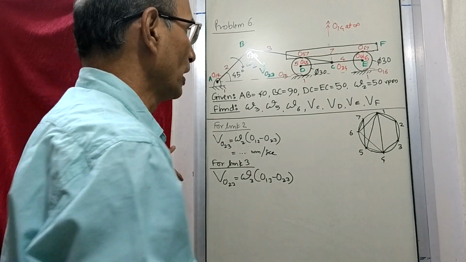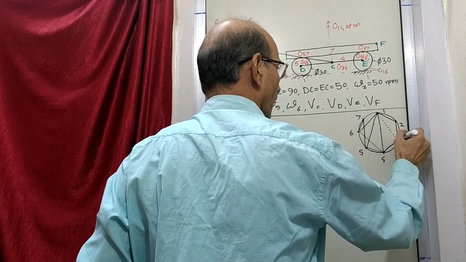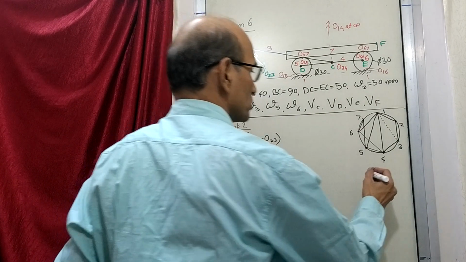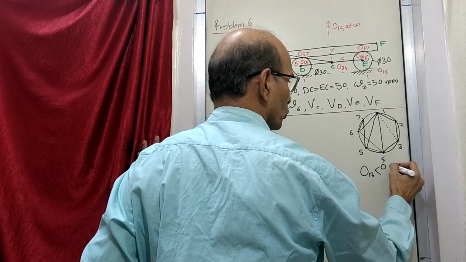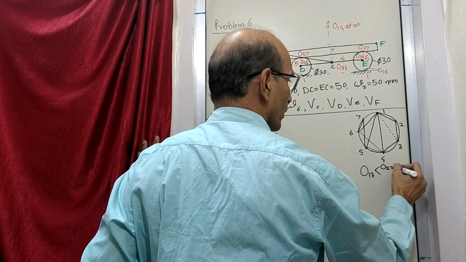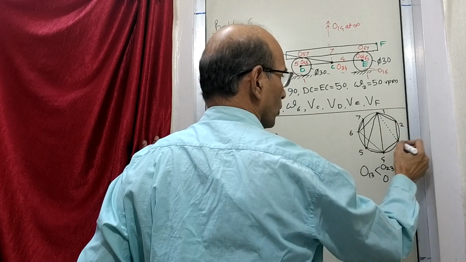So with this we now try to find out where is O13. Let's try to find out O13. So we say O13 is obtained by O12 and O23, and then the other is O14 and O34.